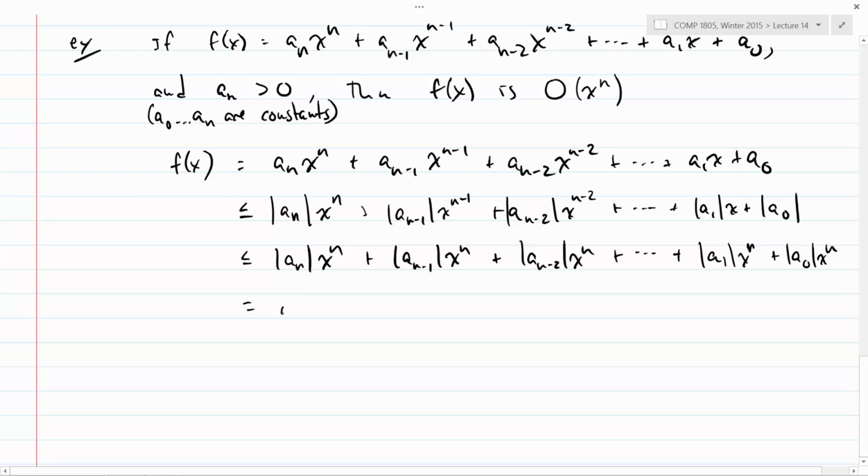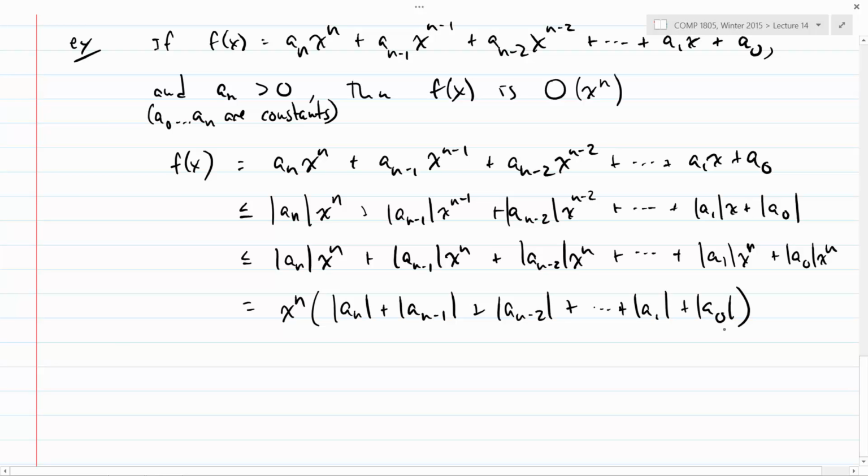This is just x to the n times the absolute value of a sub n plus the absolute value of a sub n minus 1 plus the absolute value of a sub n minus 2 plus all the way down to the absolute value of a1 and the absolute value of a0. Okay? And now, well, I can just take this whole thing to be my c.